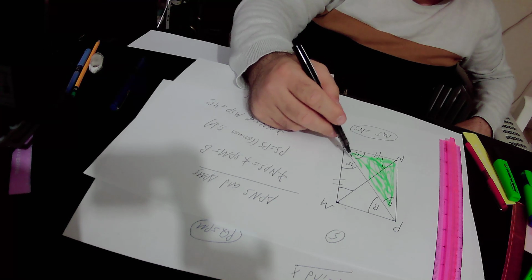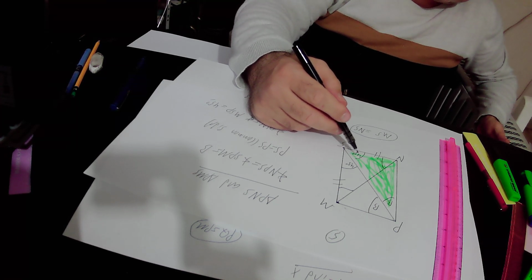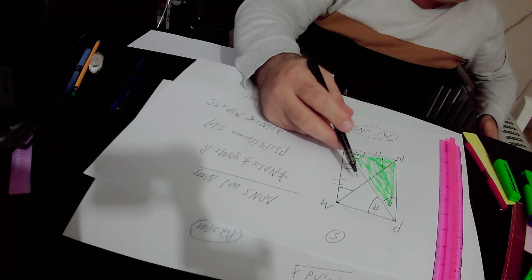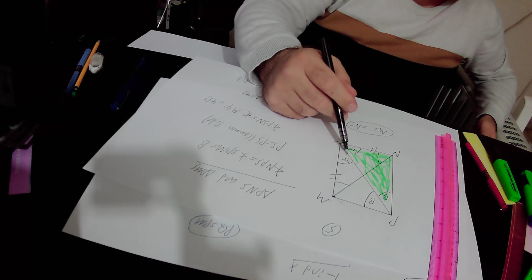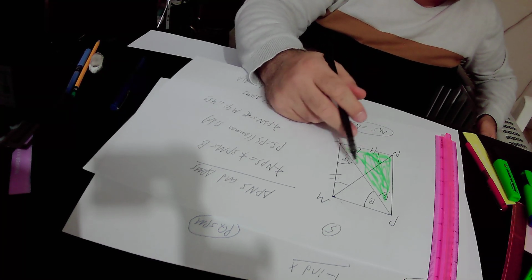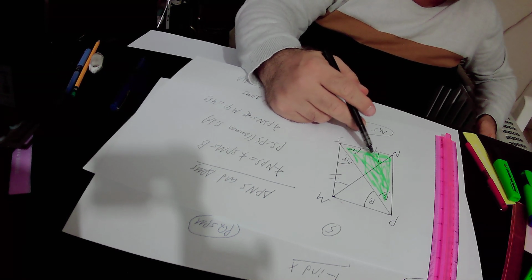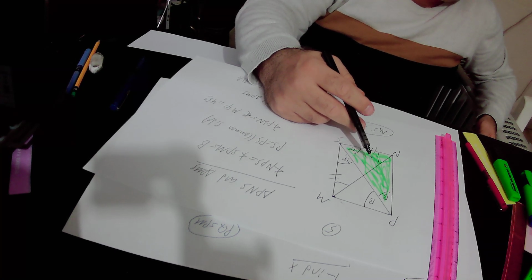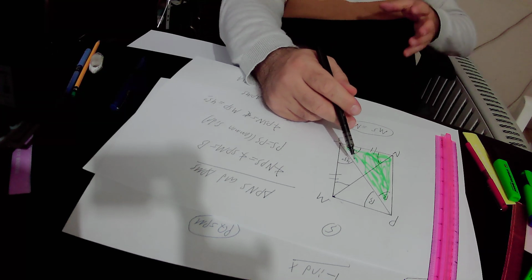This angle is 90 degrees, and the sum of the angles in any triangle is equal to 180 degrees, so those two angles must sum to 90 degrees, and they are also equal to each other.